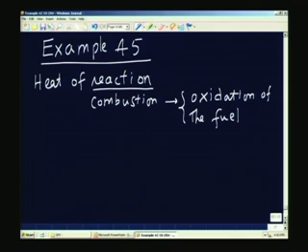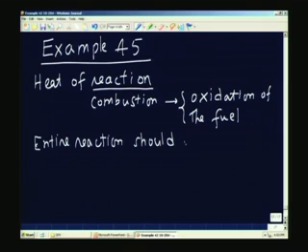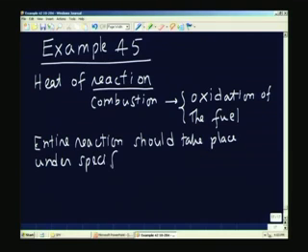The definition is that the entire reaction should take place at a standard condition. The entire reaction should take place, or burning should take place, under some specified standard condition. This is the definition.